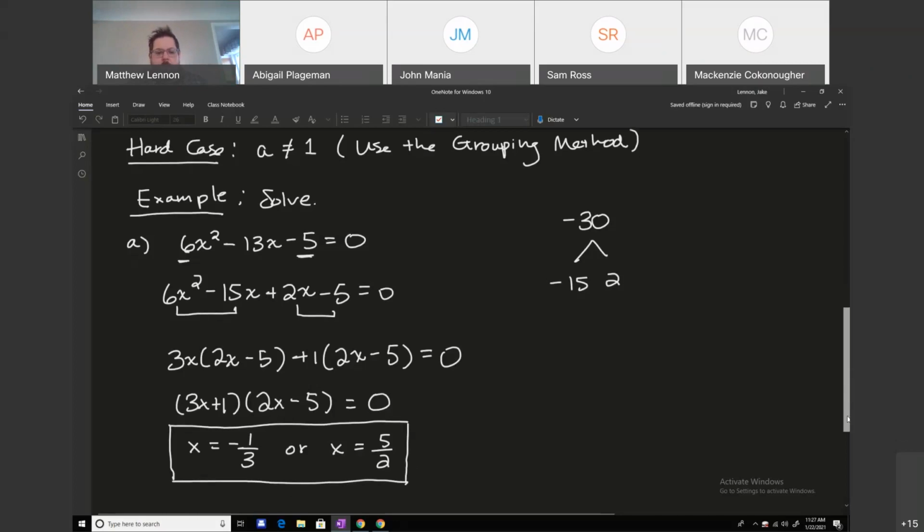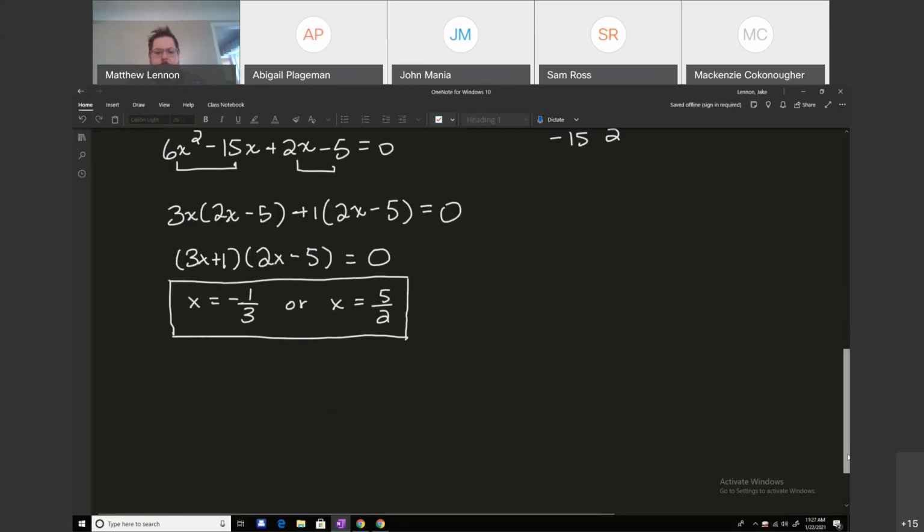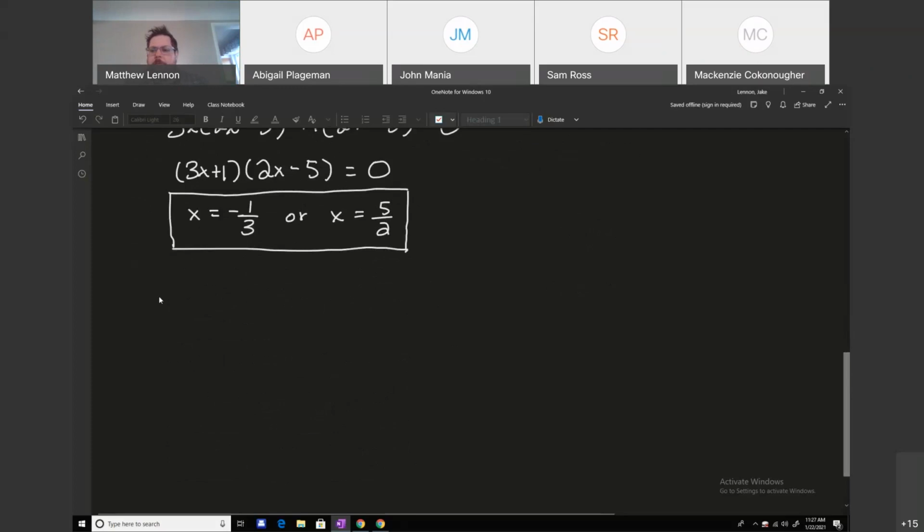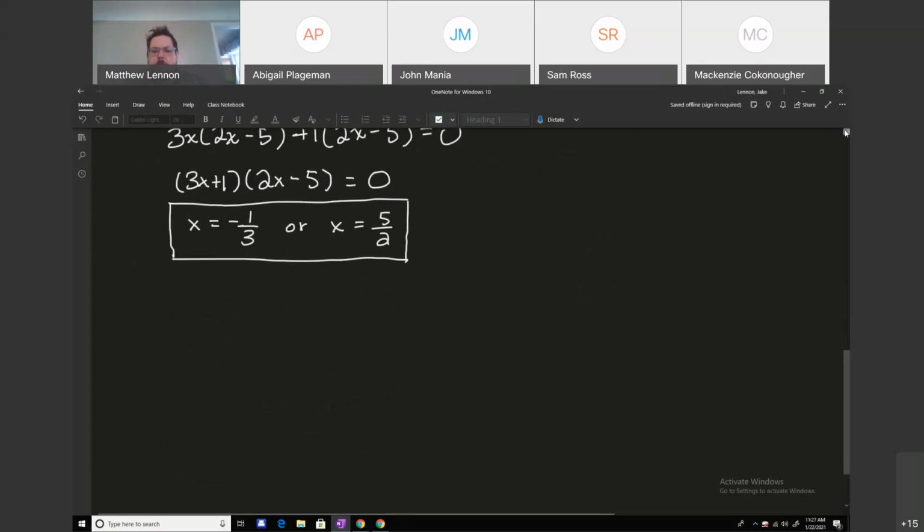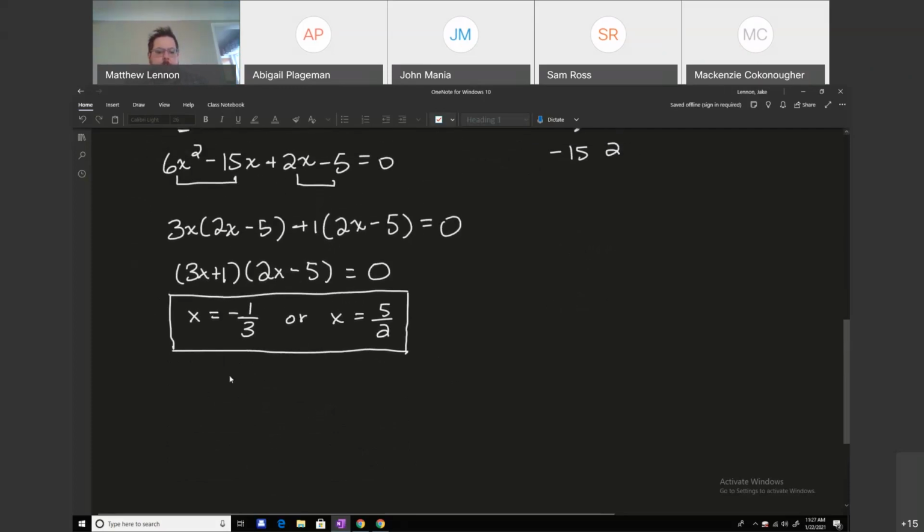Okay, one more example from factoring before we do the quadratic formula. So let's say we have 7x squared plus 16x plus 4 equals 0.